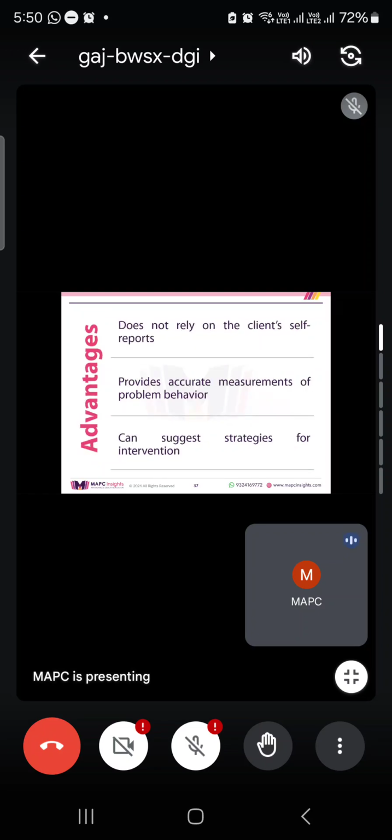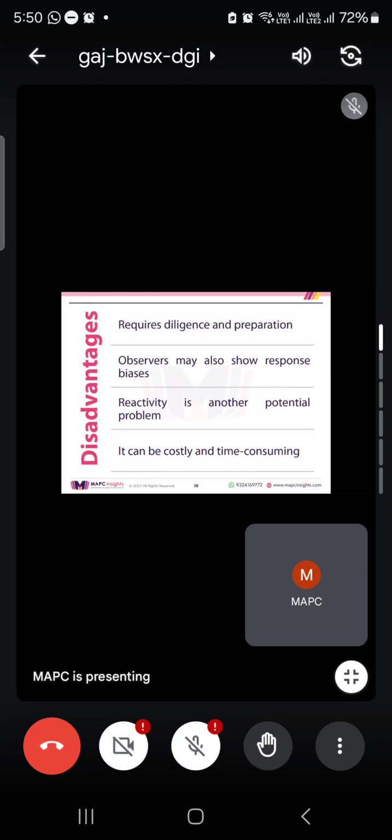It does not rely on the client's self report, because in self report there is a possibility that the client may lie. So the advantage here is that we are not relying on client self report. It provides accurate measurement of the problem, and strategies for intervention can also be suggested by this method.